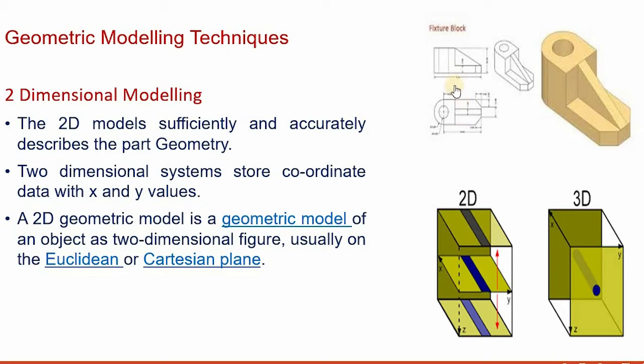The two-dimensional system shows coordinate data with x and y values, so it indicates only the x and y coordinates. A 2D geometrical model is a model of an object as a two-dimensional figure, usually based on the Euclidean or Cartesian plane coordinate systems.